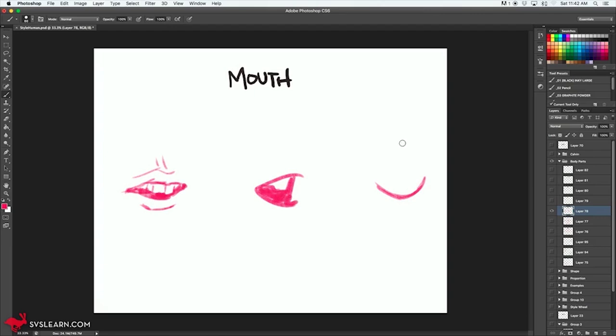Something like this. When I draw Littlebot and Sparrow for my children's book, I'm just going to do a little robot head here. He's got these little dots for eyes, and he's got this little mouth, which is nothing more than that.